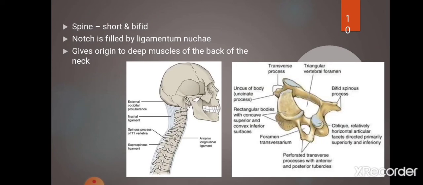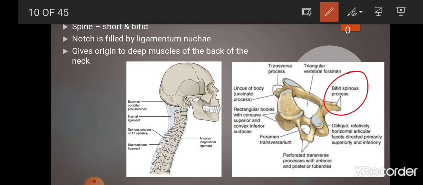Then the spine is short and bifid. So the spinous process is small and it is bifid, as we can see in the diagram. This is the bifid spine. The notch is filled by the ligamentum nuchae, and the space between these two processes is filled by the ligamentum nuchae or nuchal ligament. It gives origin to deep muscles of the back of the neck.